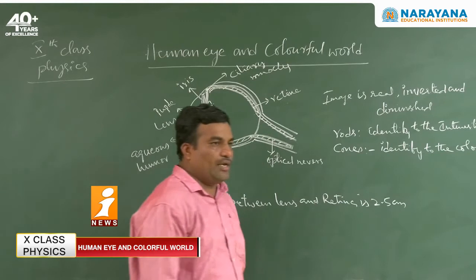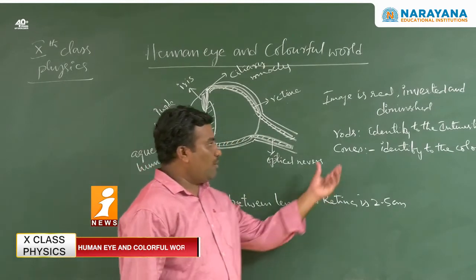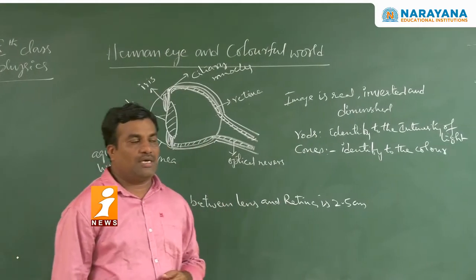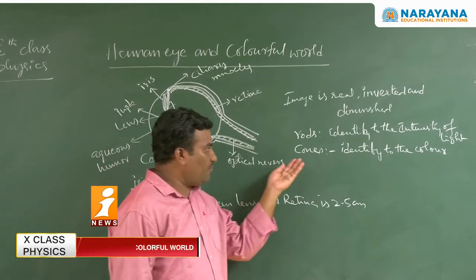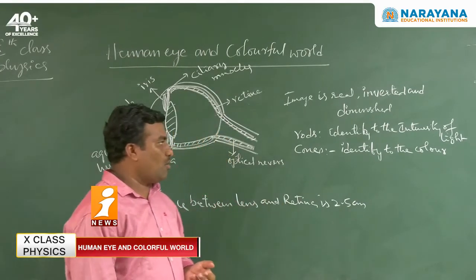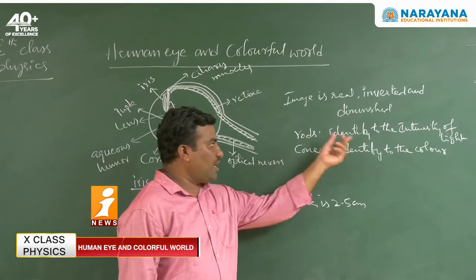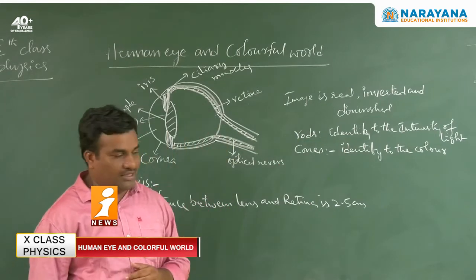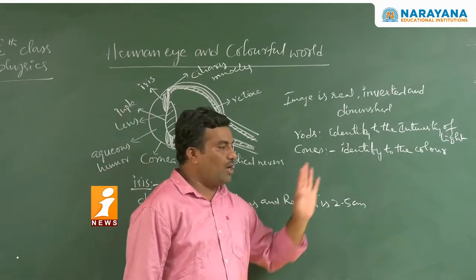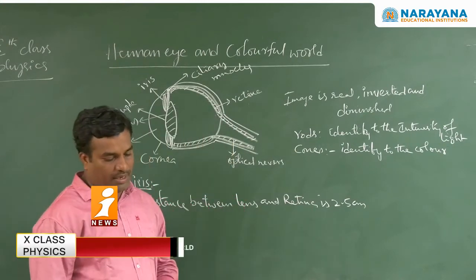Okay, so here rods and cones are there, meaning 125 million receptors are there, that is the rods and cones. So here rods identify the intensity of light and cones identify the color. Understood the point?